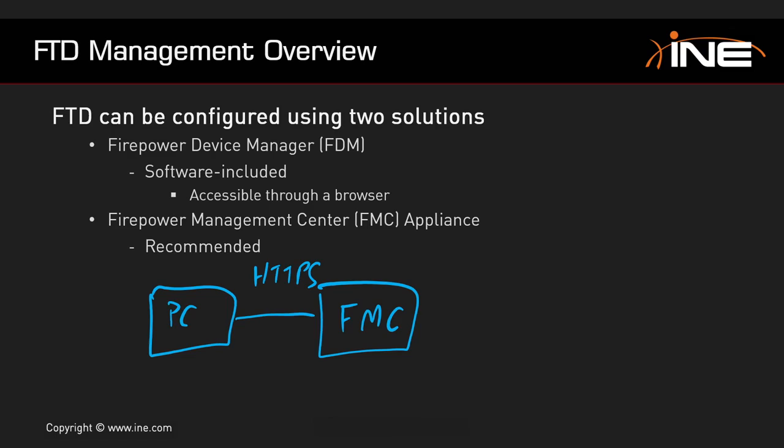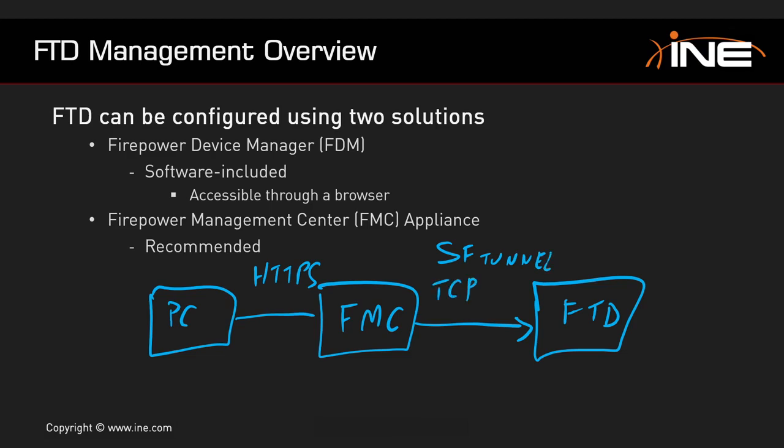And then the FMC is going to connect to your sensor. And as we will see later in this session, what FMC is going to use to build a secure channel with FTD is known as SF tunnel, which is just a secure session built on top of TCP port 8305 by default.